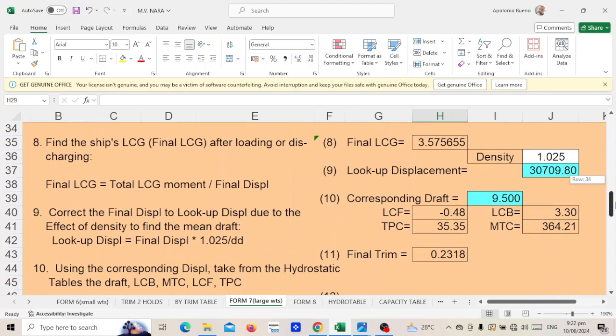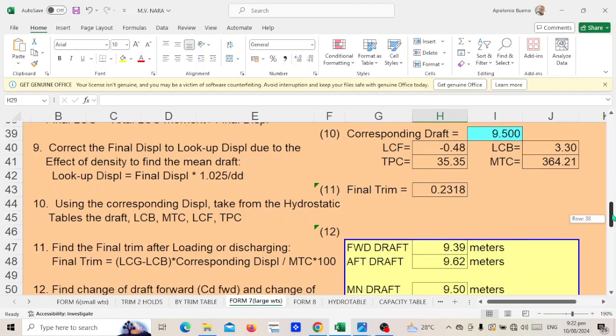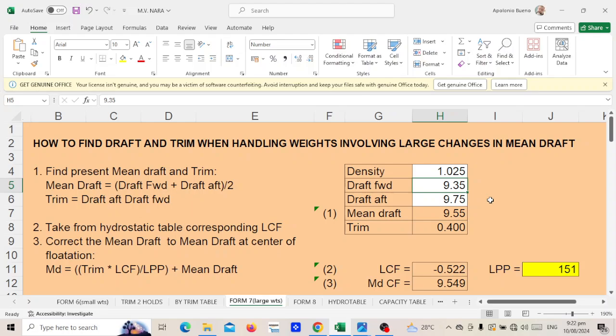So with this forward and up draft, we will put it on our program: 9.39 and up will be 9.62.